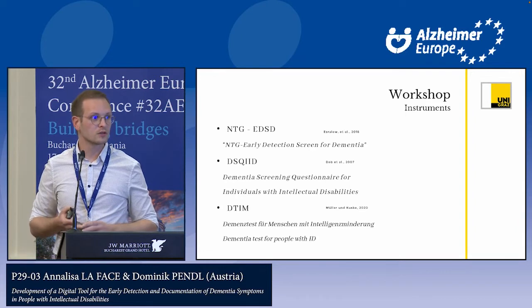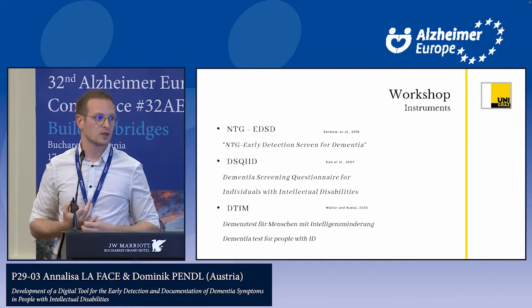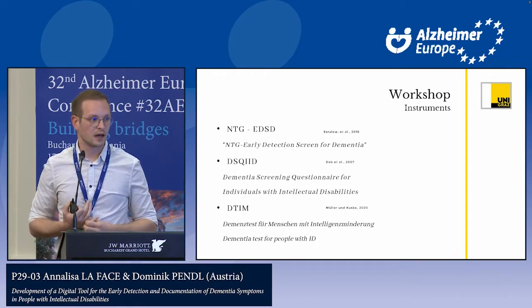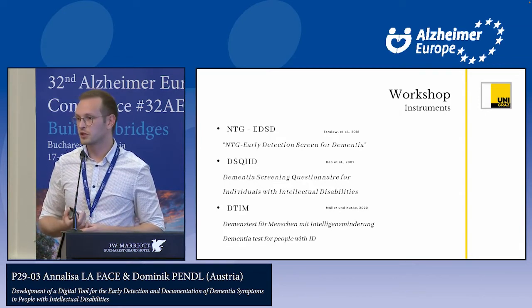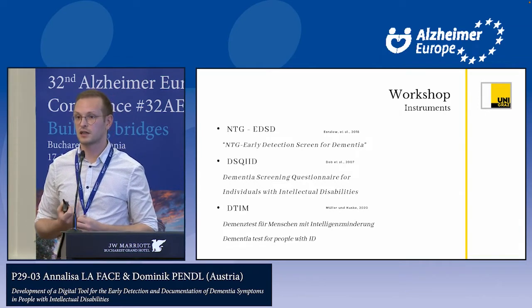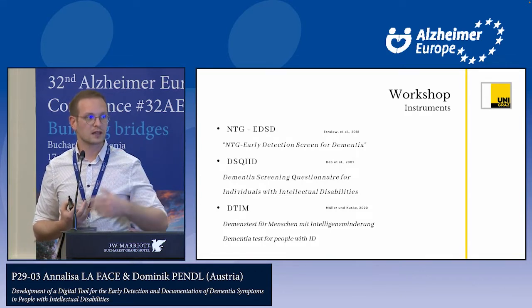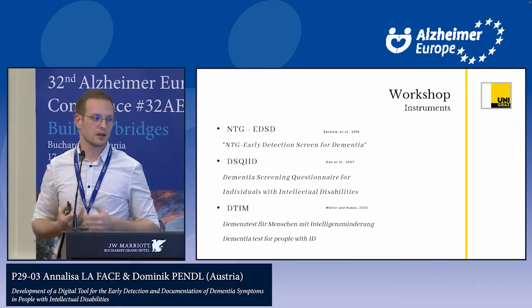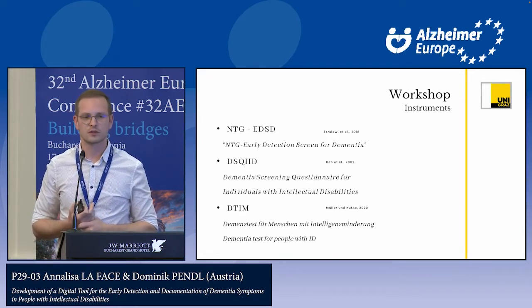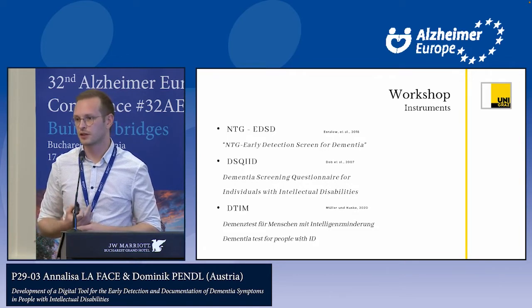We used three different instruments: the NDG EDSD, the DSQ IID, and the DTIM. We chose them because, like I said before, they have been used in Austria and they are translated into German. The first two are tools where formal caregivers have to answer some questions, and the last one also involves performing little cognitive tasks.